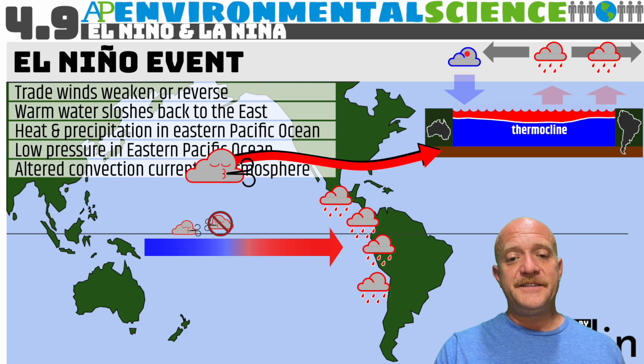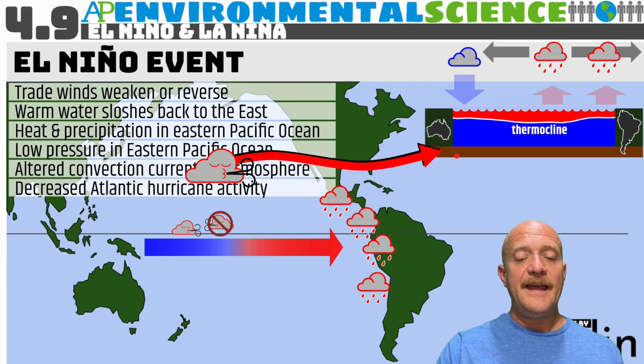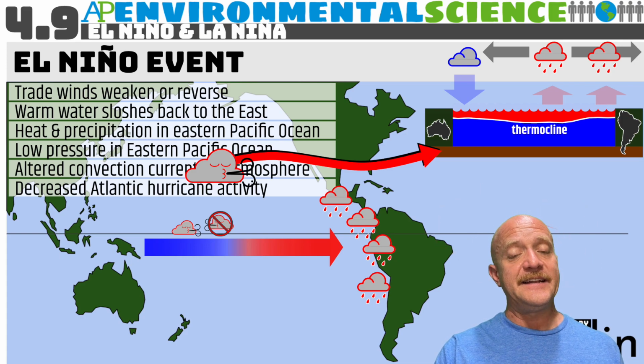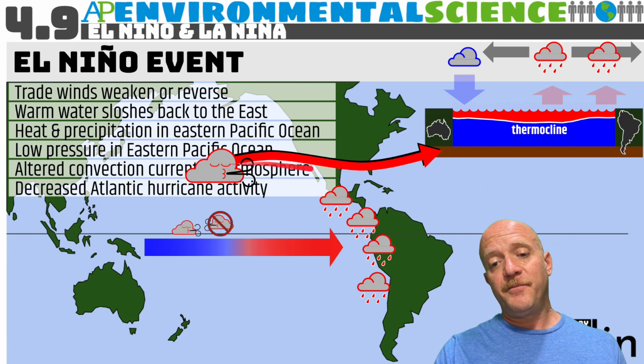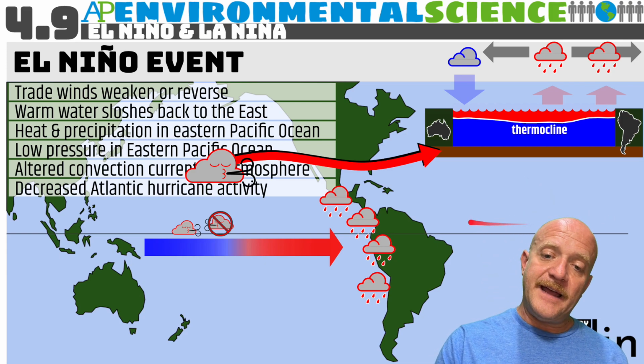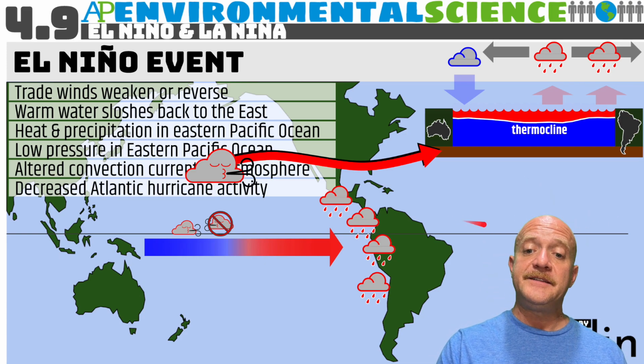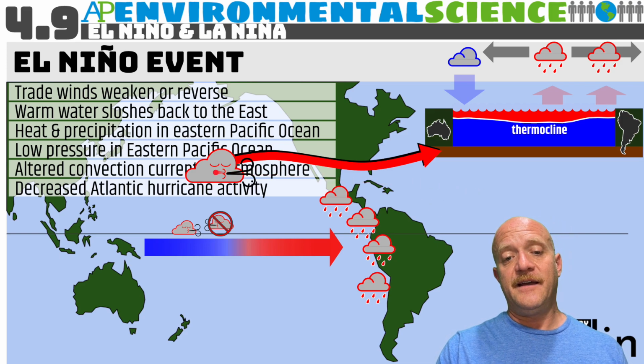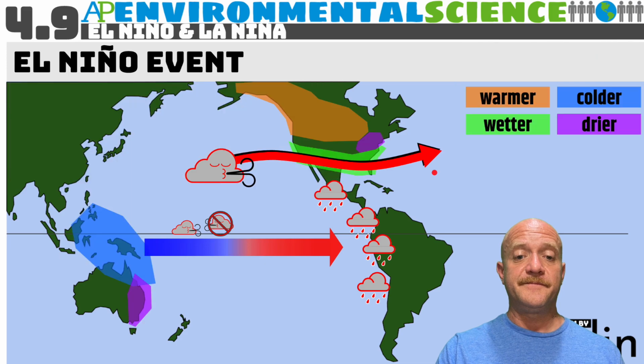You're also going to have warmer air currents blowing across North America. But this is also helping to decrease hurricane activity in the Atlantic Ocean, because you're having air blowing to the east, and the natural trajectory of the hurricanes is to go from east to west. So that's going to be impacted by these air currents.